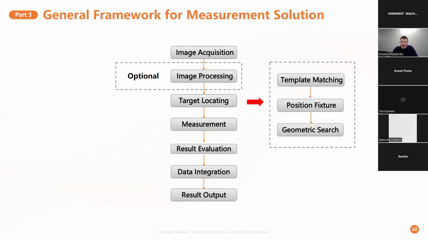So at a high level, a measurement solution in VisionMaster should follow a consistent structure shown on this slide. More or less. There are always exceptions, of course, but in general, this is conceptually the right way to build it. Image acquisition provides the input data. Locating tools establish stable reference features, and measurement modules calculate the required geometric values.